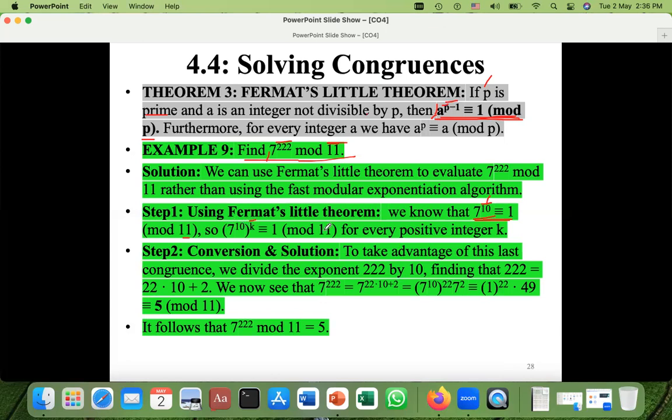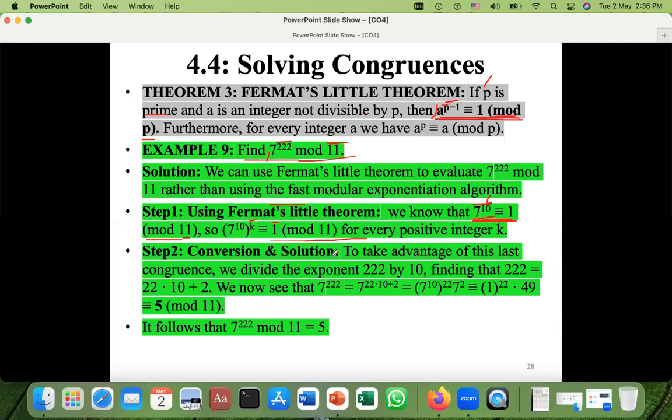Because it is that one, it will always divide, and you will have again the remainder 1 here. That is not an issue. So that is again according to that theorem. But we have formed this equation by using Fermat's little theorem.